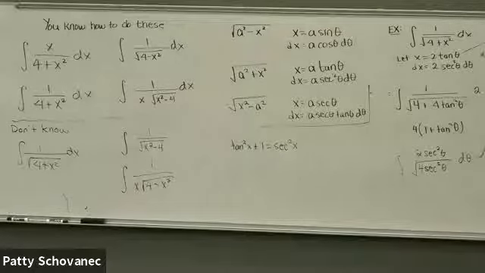X squared is 9 secant squared of theta, and I get it under the radical as well. Then my dx is 3 secant theta tan theta d theta, so I'm going to slide that up here.